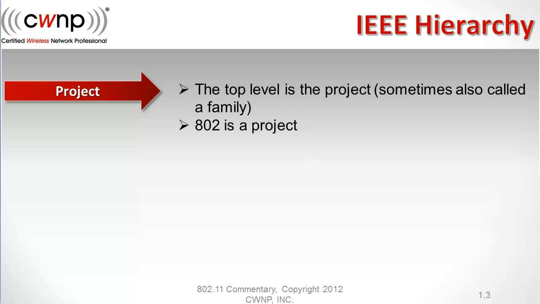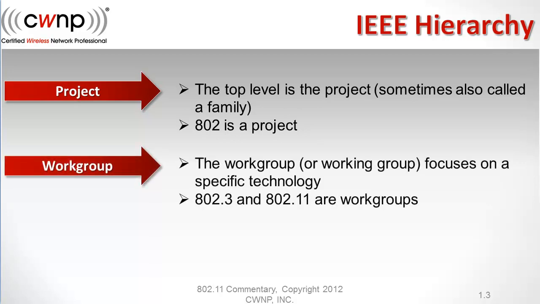You have probably heard of at least a few of the different technologies that are provided as part of the 802 project. For example, Ethernet, Bluetooth, WiMAX, and yes, 802.11 Wi-Fi. You see, within the projects, we have what are called work groups or working groups that focus on a specific technology, either a local area networking technology or a metropolitan area networking technology.